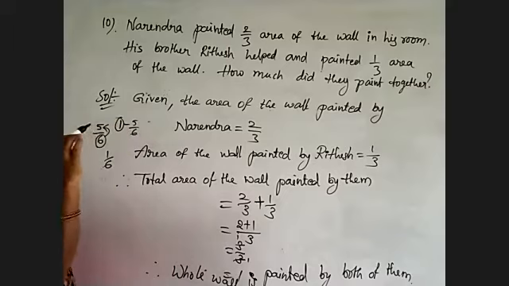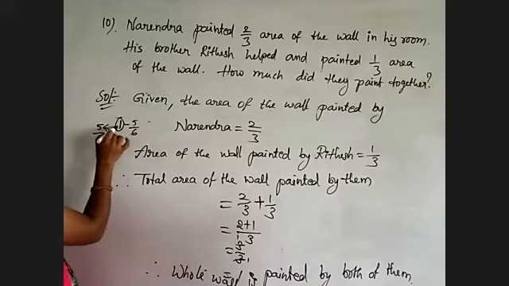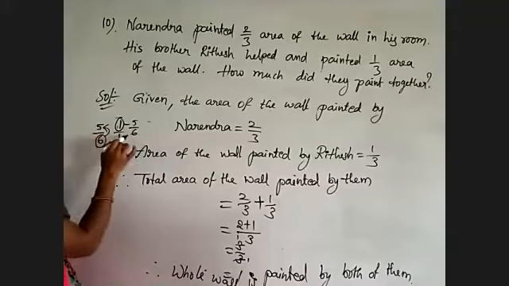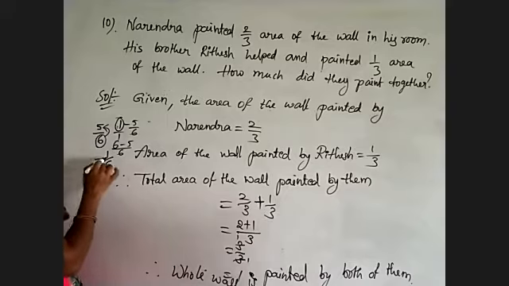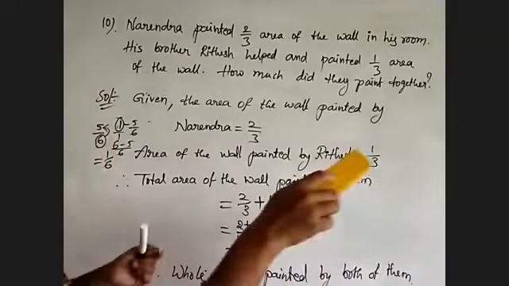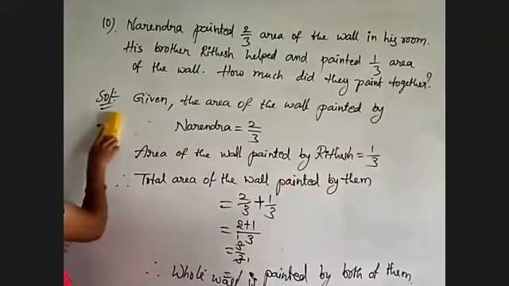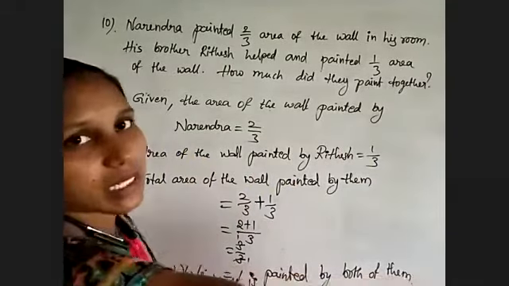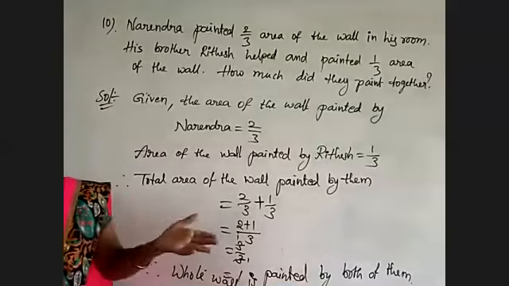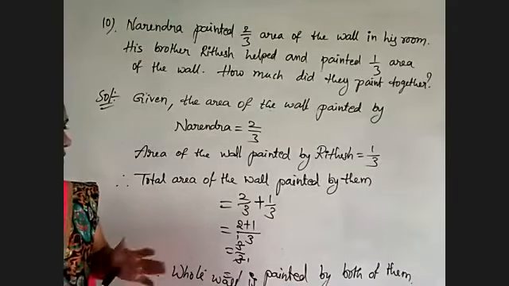Total book is only 1 book. So 1, 6 ones are 6, cross multiplication. 6 ones are 6 minus 1 5s are 5 divided by 1 6 are 6. 6 minus 5 is nothing but 1/6. Okay. So instead of all those, we can write directly also. Why? Because out of 6, 5 parts are over, only 1 part is left. So then the fractional form is 1 out of 6, 1/6. Okay.